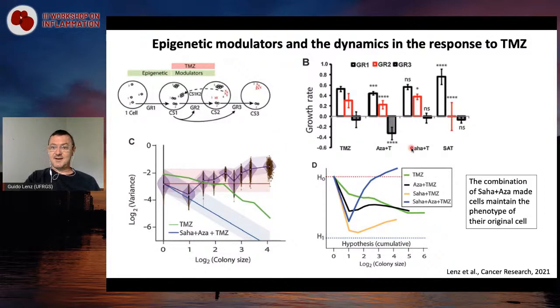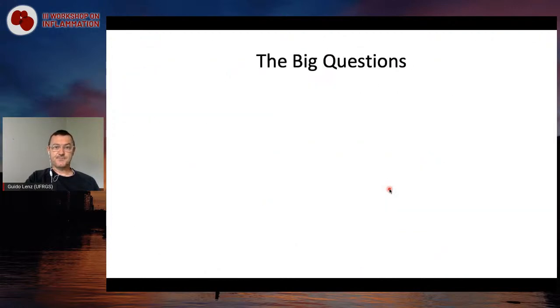So here also, we can already see that the combination that induced the highest reduction in the number of cells was not the treatment that increased the colony variance, therefore maintained the phenotype similar to the phenotype observed by the individual cells.